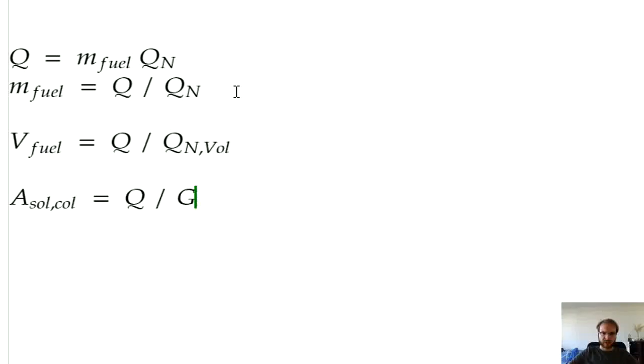This all assumes that there is 100% efficiency of conversion, or especially for the solar irradiation, that the generated heat can be stored so that we don't get into problems of having not enough sun but requiring the heat.